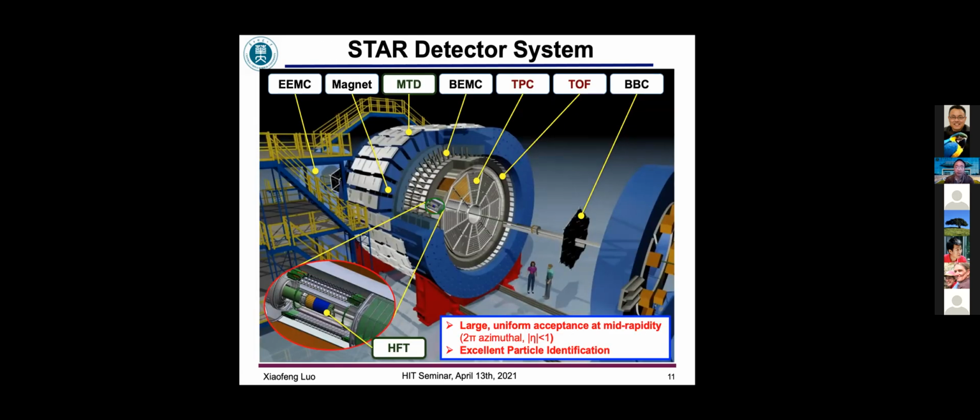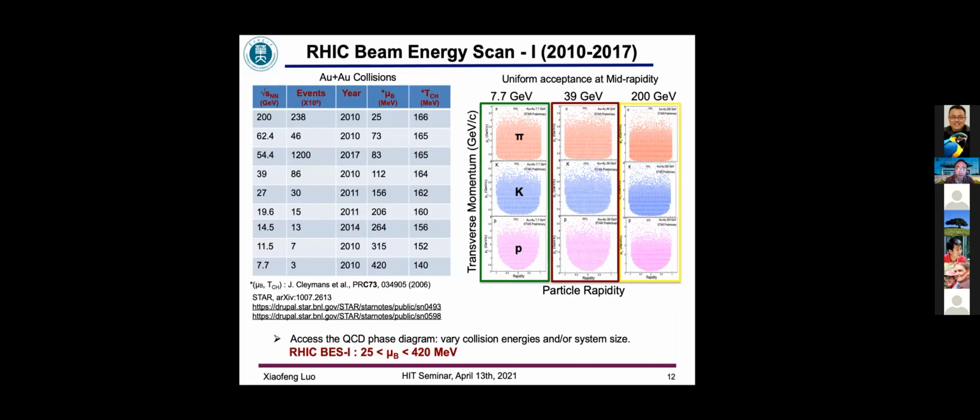You are very familiar with the STAR detector, with large uniform acceptance at mid-rapidity and excellent particle identification, which is very suitable for fluctuation and correlation analysis. From 2010 to 2017, STAR successfully completed the first phase of the beam energy scan, taking 9 energy data points from 200 GeV down to 7.7 GeV.